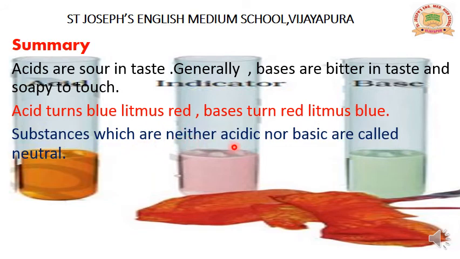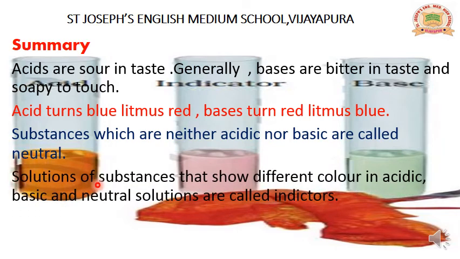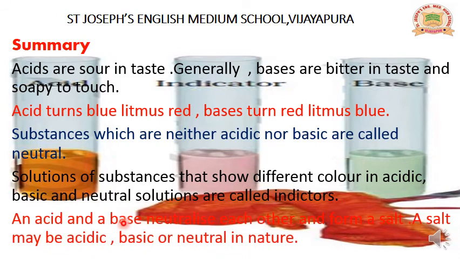Substances which are neither acidic nor basic are called neutral. Solutions of substances that show different colors in acidic, basic and neutral solutions are called indicators. An acid and a base neutralize each other and form a salt. A salt may be acidic, basic or neutral in nature.